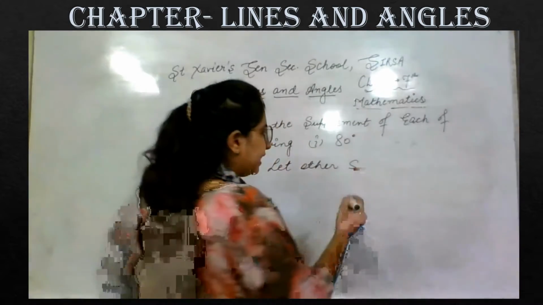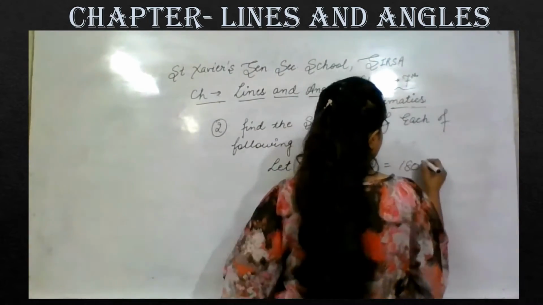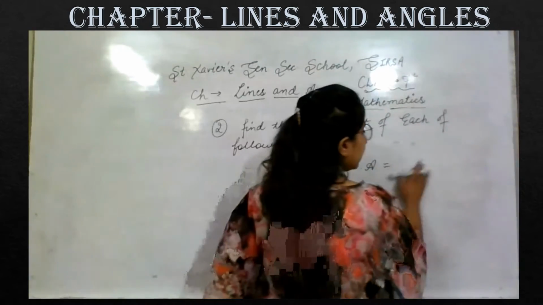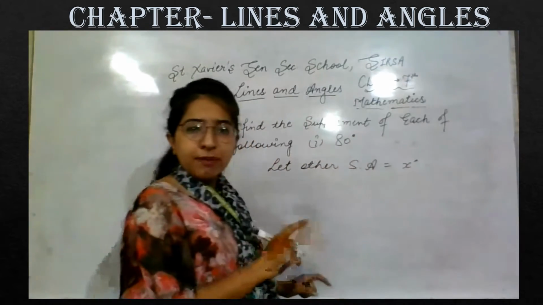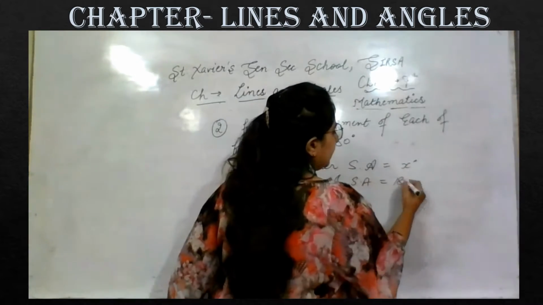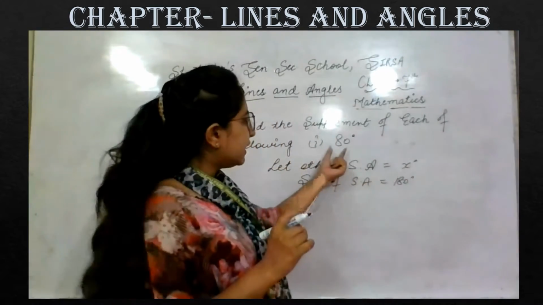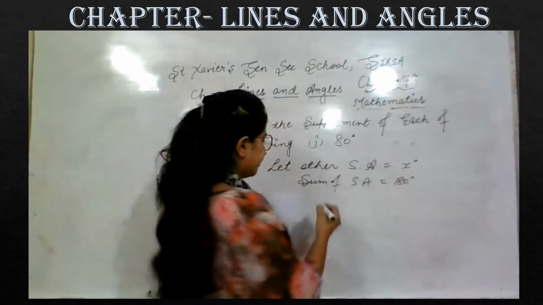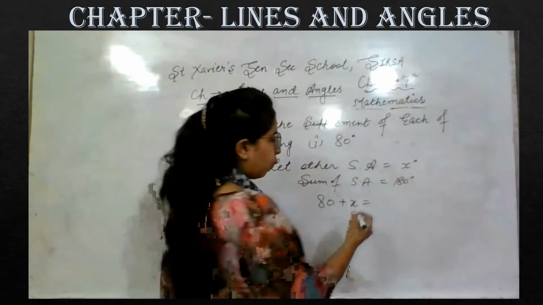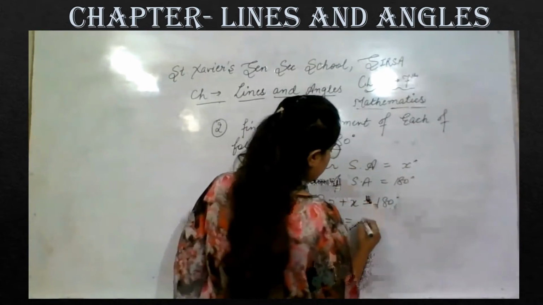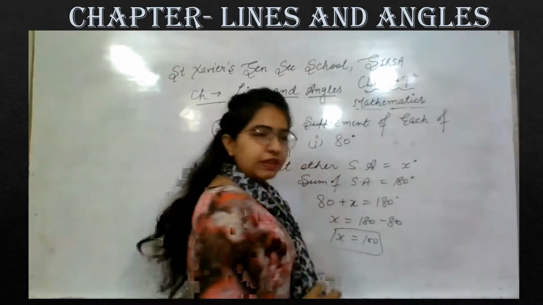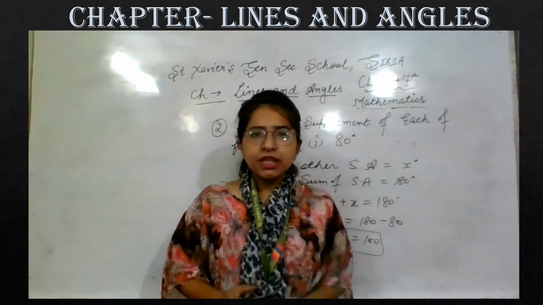You have to write the complete name. 180 degree. The sum of both these two angles will be 180 degree. X is equals to 180 minus 80. It will be 100 degree. Answer. Simple.